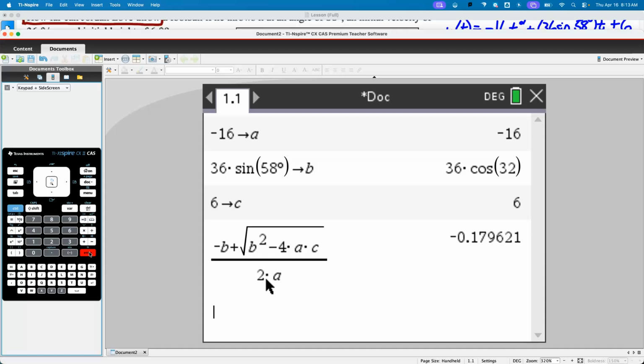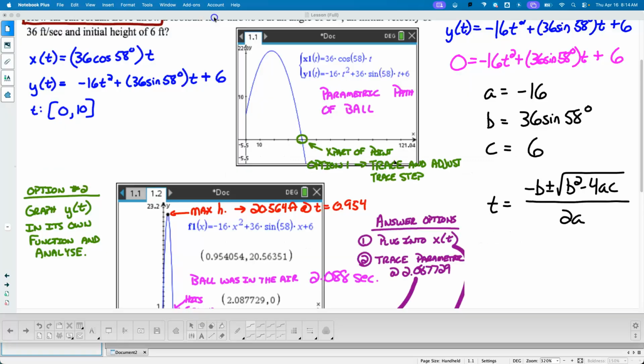Because it could be negative, it could not be negative. So can I ever have negative time? No. So that's what we found, right? We found this is a t-value. So we found a t-value of negative 0.1796.